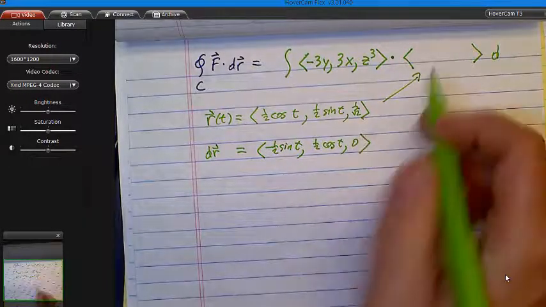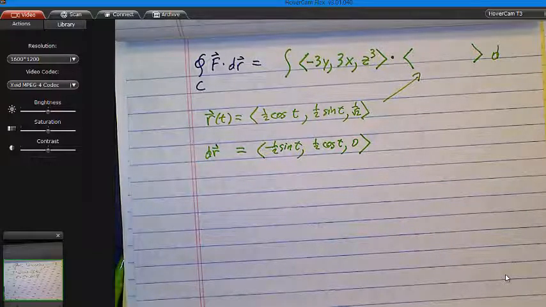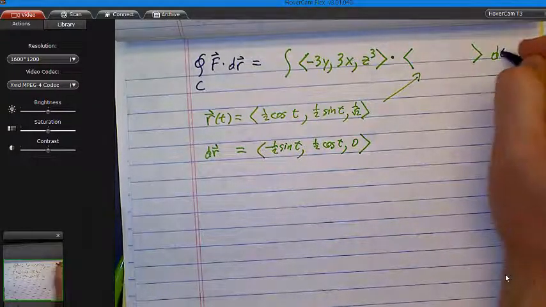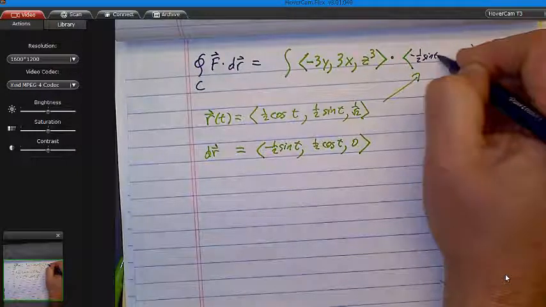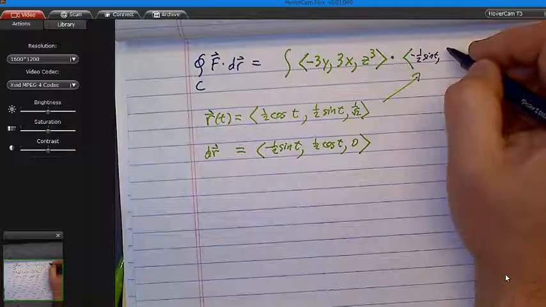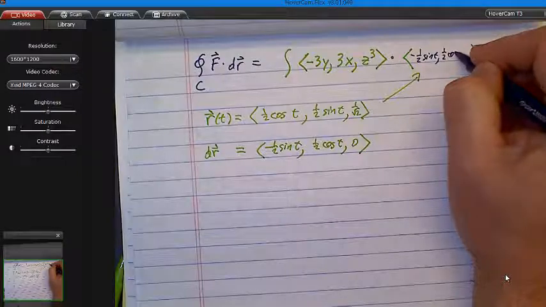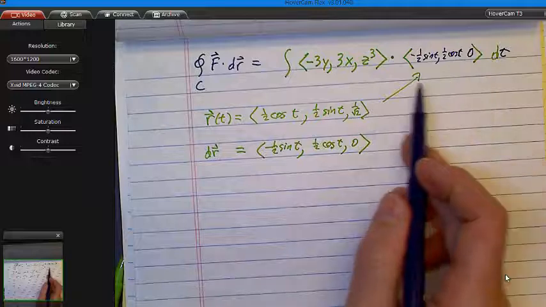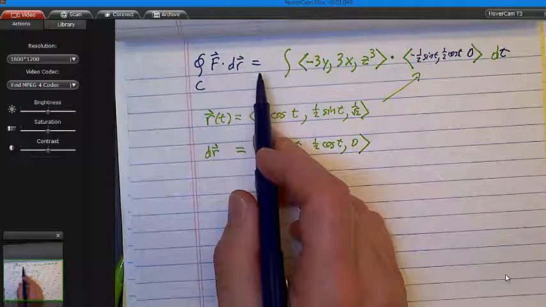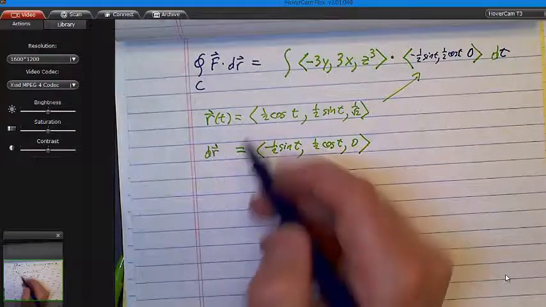So that's what I throw there. And now we're turning this into a dt integral. Negative 1/2 sine of t, 1/2 cosine t, and 0. Oh, and what should be the limits of integration? This works really well. 0 to 2 pi, right?